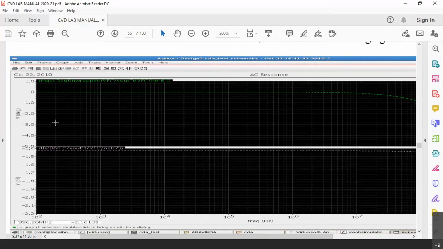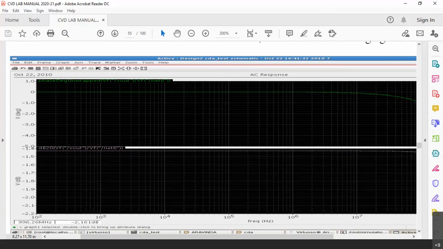Now, in the gain response, you will see somewhere around minus 1.4 dB. Actually, the gain is less than unity. If it is unity, we should get gain as 0 dB. But it is slightly less than unity, somewhere around 0.98 or 0.97. In such a case, you will get a gain of around minus 1.4 dB.